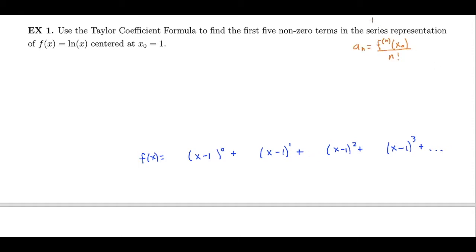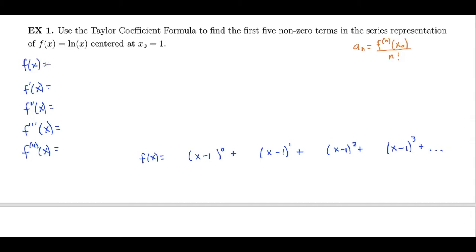Here's a reminder up here in orange of that general formula, and it indicates that I need to calculate the derivatives of this function evaluated at this center value, and then divide those derivatives by an appropriate factorial. So let me start by calculating the function along with several of its derivatives. We're told here to find the first 5 non-zero terms, so I've set up room to calculate some derivatives.